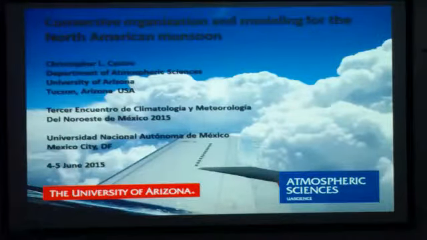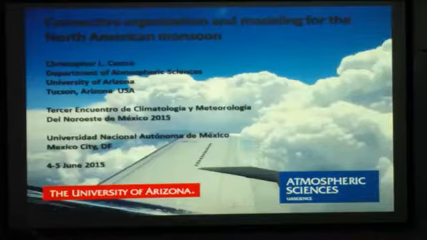Oh, there it is. This is actually taken on a flight from, of all flights, from Los Angeles to Yuma, Arizona. You would never think you would see convection like this on a flight, but that happened to be a very active monsoon precipitation day where there was actually severe weather in the Yuma, Arizona area.